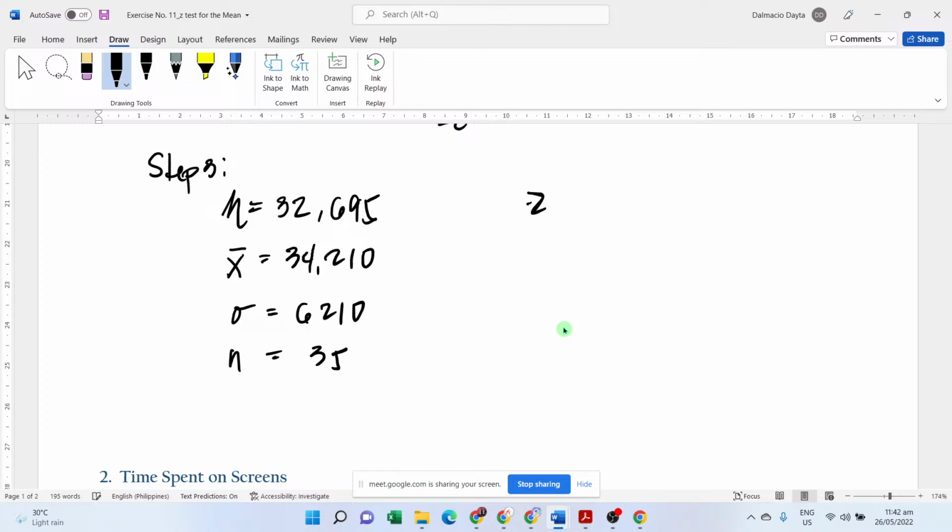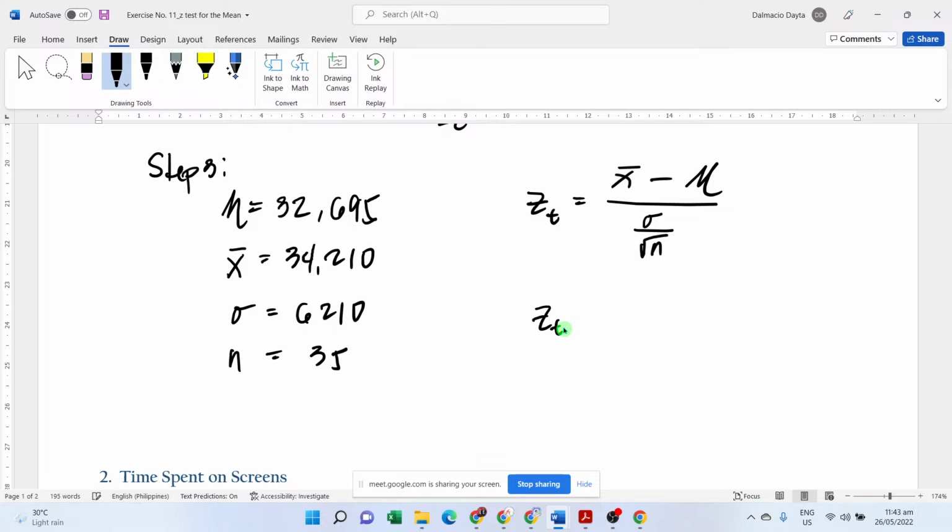So we know that the formula for Z, and this time we call it our Z-test, is the sample mean minus the population mean, divided by the quotient between the standard deviation of the population and the square root of n. Yan yung formula natin.